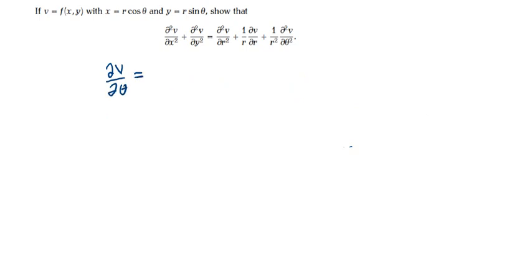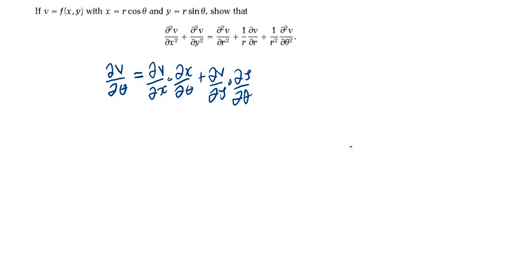Here, our partial of v with respect to theta is just going to be partial of v with respect to x by partial of x with respect to theta, plus partial of v with respect to y by partial of y with respect to theta.